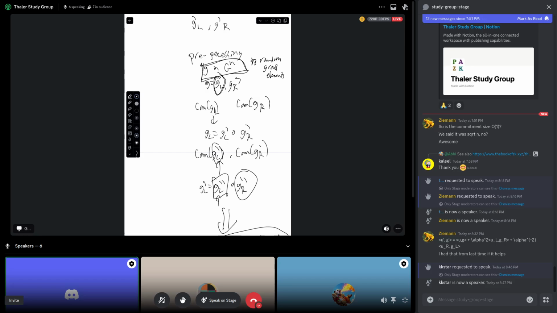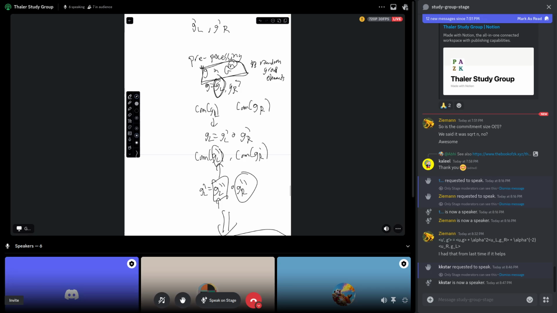The Dory pre-processing lets you commit to all polynomials up to this size bound n, right? So it's like with powers of tau, right? I run the powers of tau setup once, and then I can run PLONK or Marlin or whatever on any circuit, forever, as long as the circuit doesn't exceed the size bound that is supported by that setup. Dory is the same way.